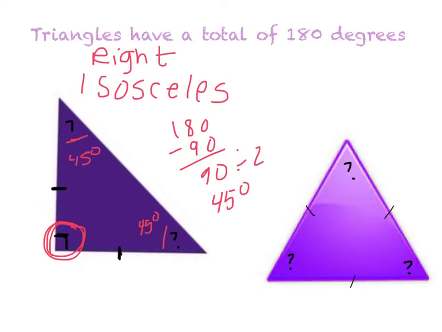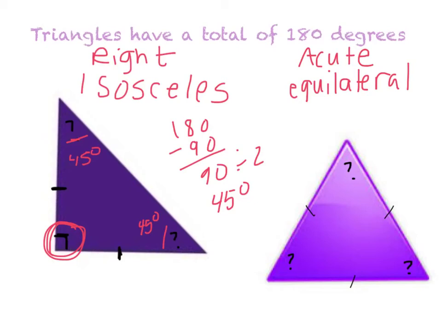Now let's take a look at this triangle over here. Well, the slashes through each side tell me that all the sides are congruent. So this is an equilateral triangle. Now, is it acute, right, or obtuse? Well, all of my angles are acute, so this is an acute equilateral triangle.